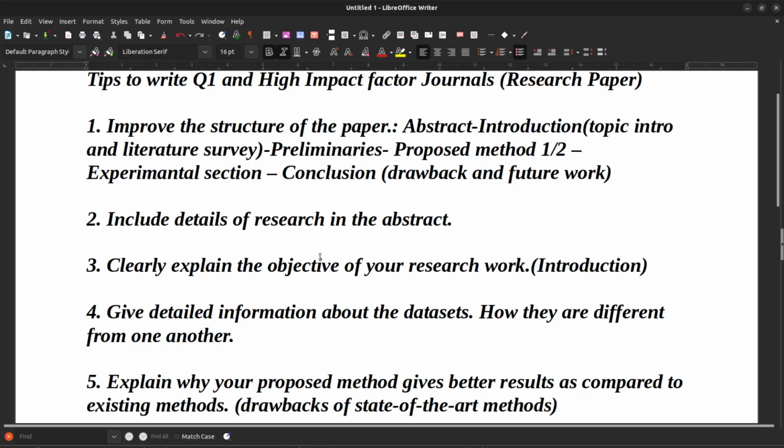It will have more chances of acceptance, or of minor or major revision, but the chances are that it will not get rejected. So these 11 tips will give your research work more chance towards publication, or towards minor or major review.